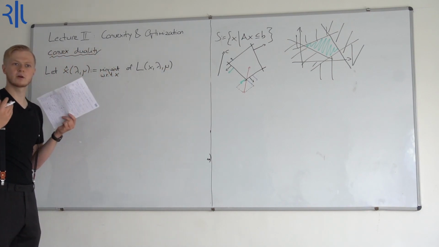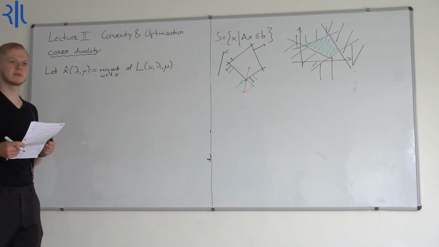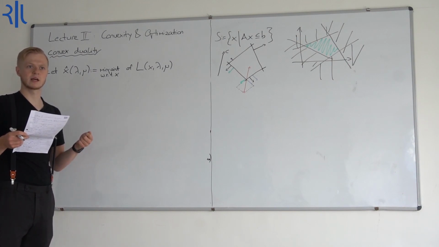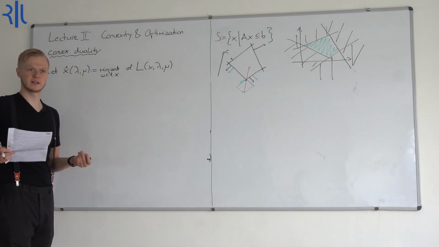Because we have a convex function and we assume that there is some minimum, we can pick that. We optimize over x and assume that lambda and mu are fixed.